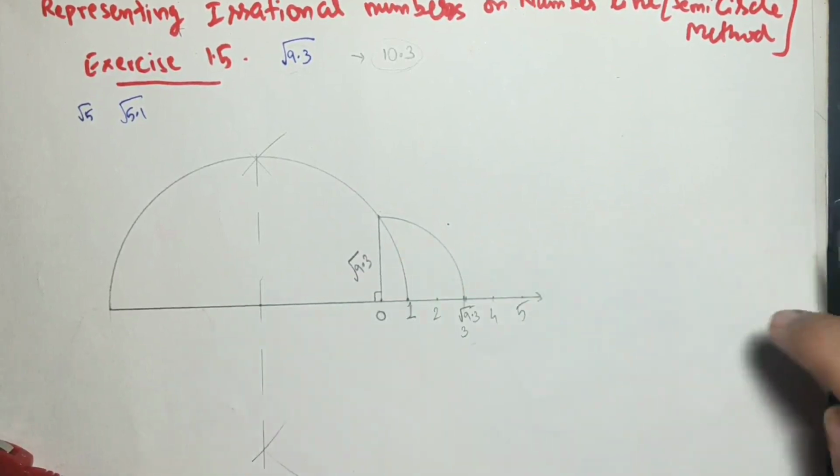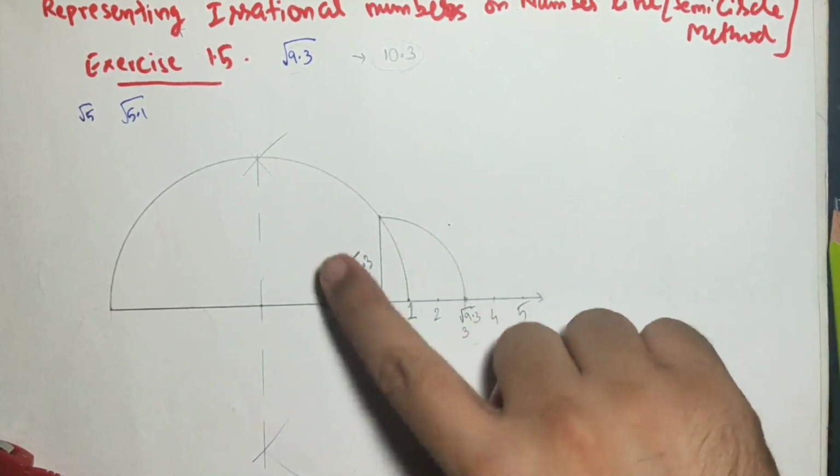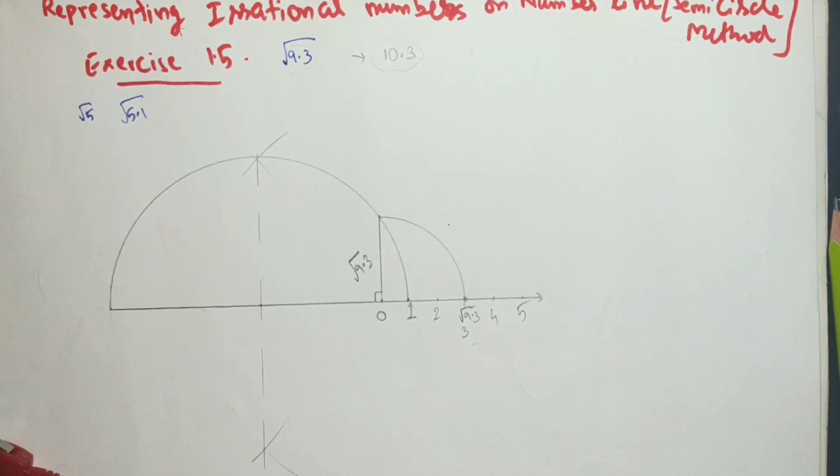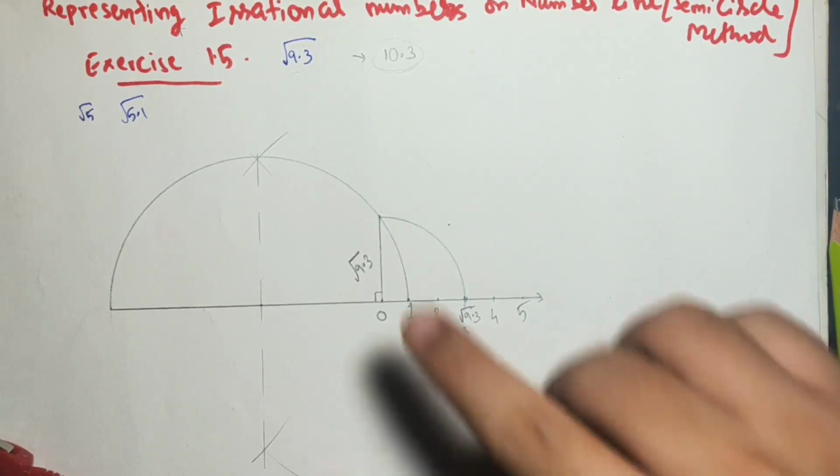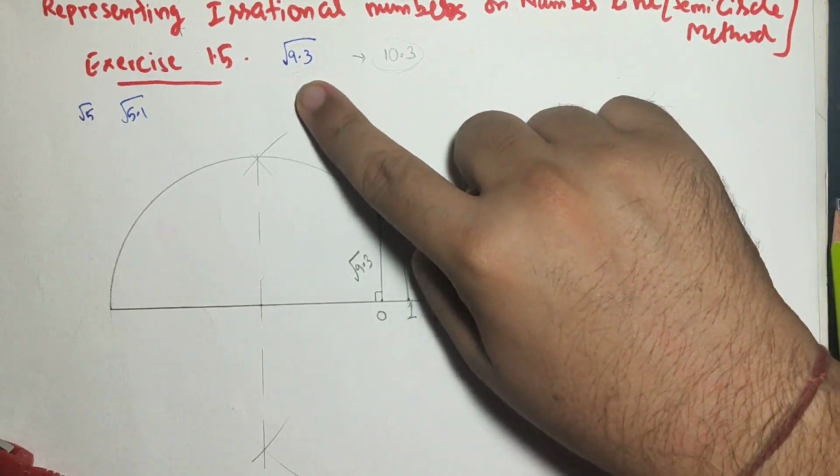Likewise, you have your number line from 0 onwards, and this is the way to represent on the number line any irrational number which is given in root and decimal form. So I am repeating the method again. Go through this method again, and then we will see the justification. The number given to us is root 9.3.